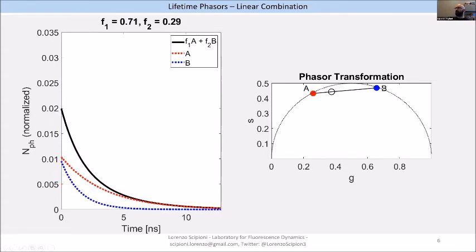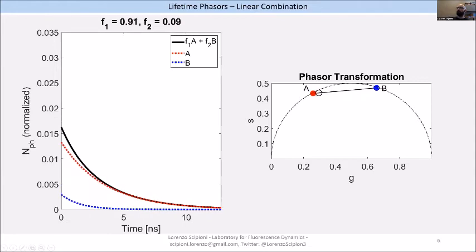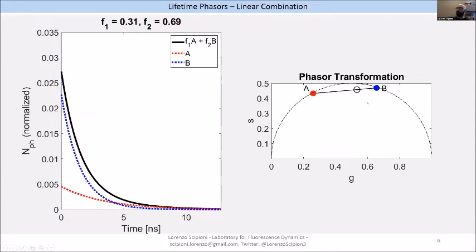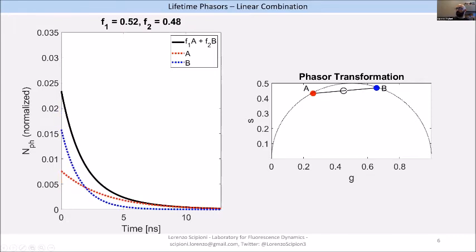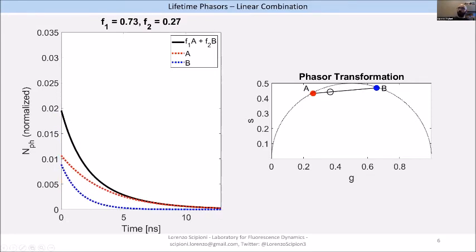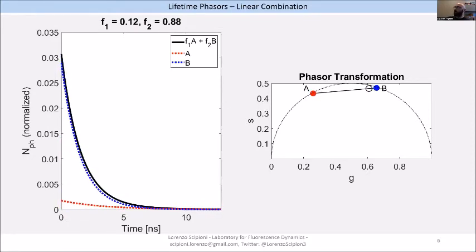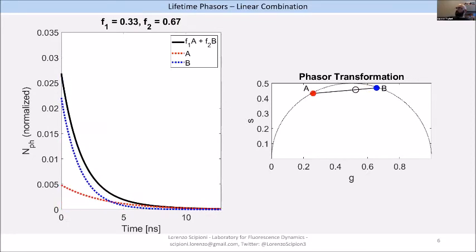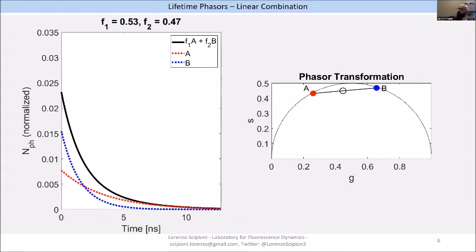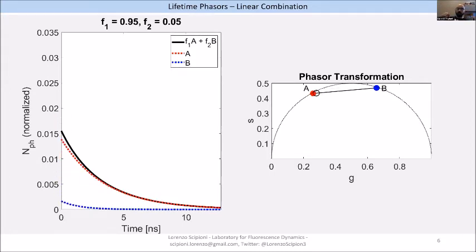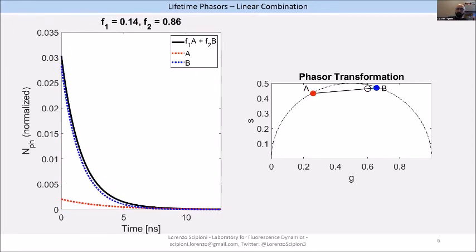So if you have 100% photons coming from B, it will be B. If you have 50% of the photons coming from one or from the other, it will be exactly midway. And if you have all the photons coming from A, it will be exactly in the phasor of A.